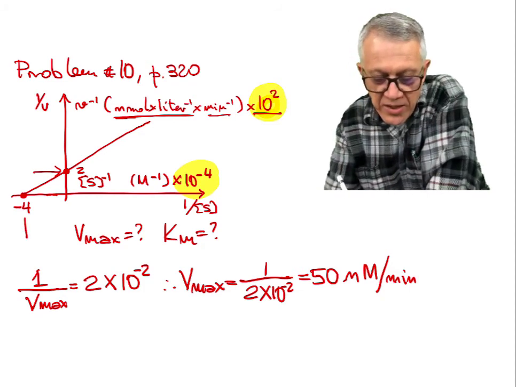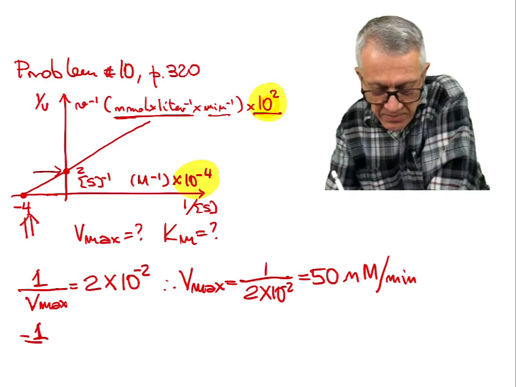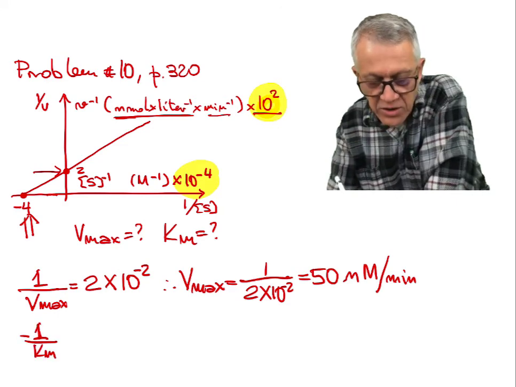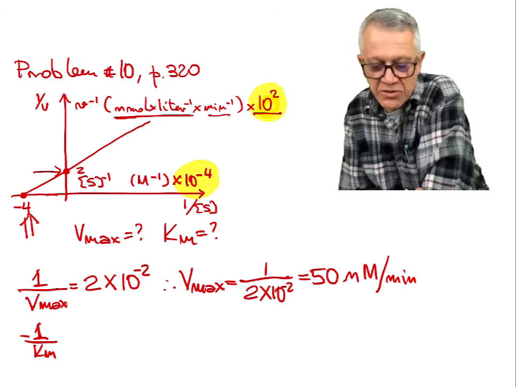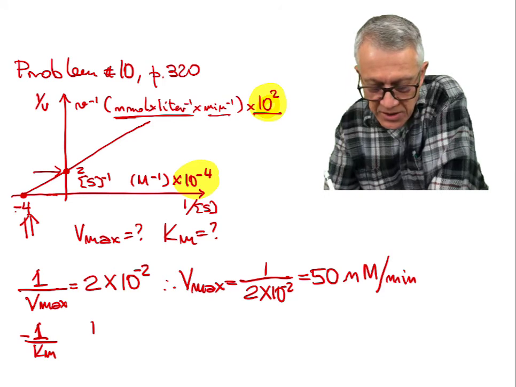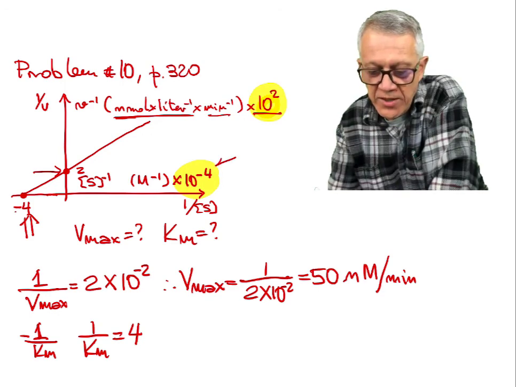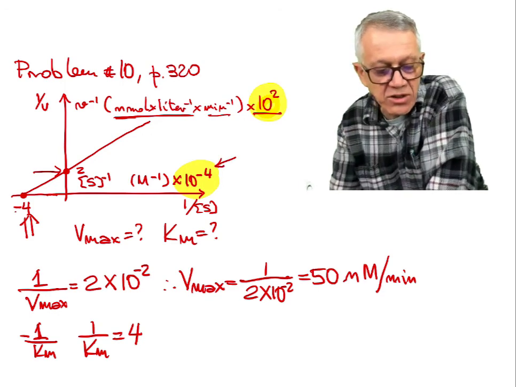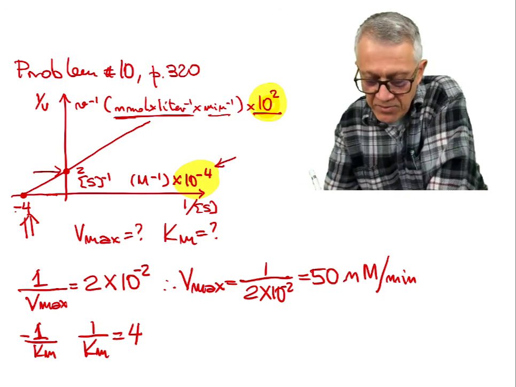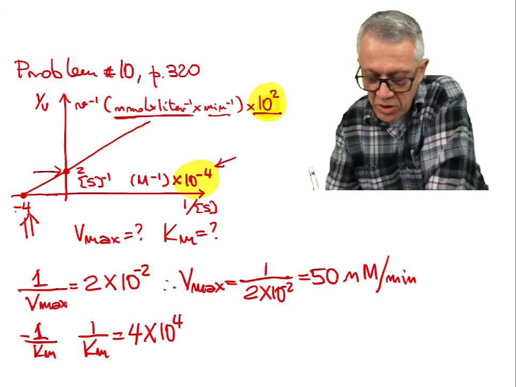And from there we know that 1 over Km, that's the crossing line there, right? The intersection. Because this is negative, we can say that 1 over Km equals 4. But remember, this was already compensated by this value here, so we have to multiply by 10 to the power of 4 to arrive at the original number.